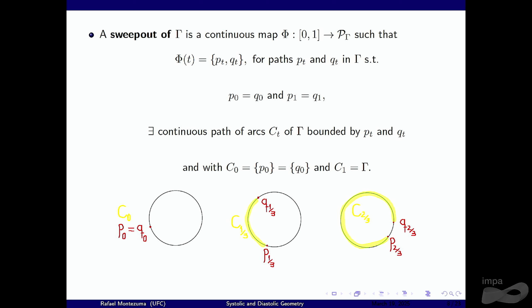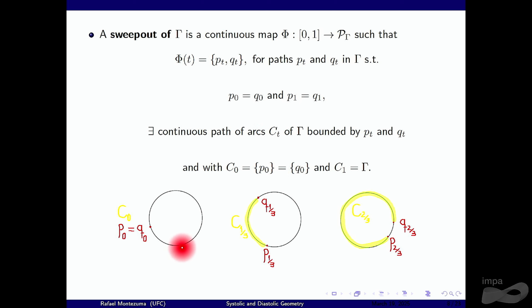Following the general terminology, a sweep out of gamma is a continuous map defined on the unit interval into the space of pairs, so we have two continuous paths. So phi of t is 2 points, pt and qt, in such a way that they start and end at the same point. So p0 and q0 are equal, and also at the end.